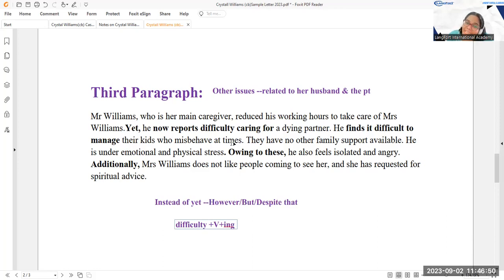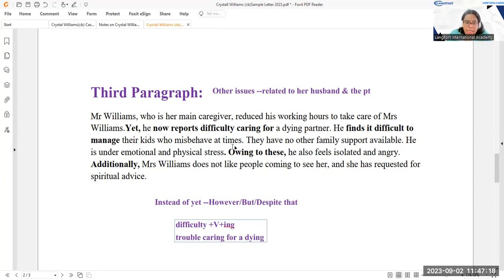I don't think "difficulty in caring" is technically wrong grammatically, it used to be written like that, but nowadays nobody says that. We always say difficulty caring for a partner. Or you can say he has trouble caring for a dying partner. You might not want to use difficulty because, ma'am, in the next sentence I'm also talking about a difficulty.